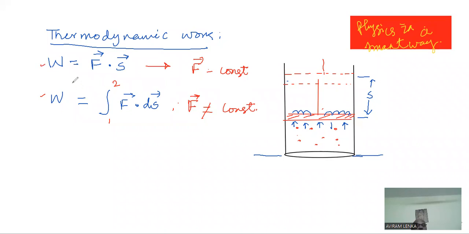So we can change our style a bit. Thermodynamically, work can be found as F dot S, or basically we may think of it as F into S, no harm. F equals pressure into area.